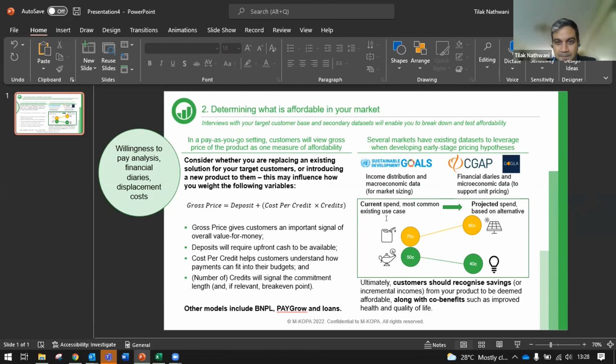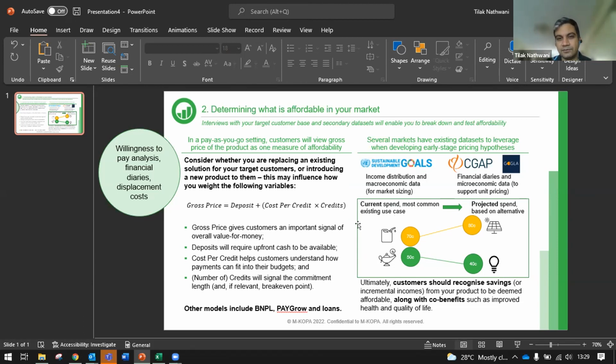M-KOPA is known for its pay-as-you-go lighting, essentially displacing kerosene or oil-based lanterns. A customer might say, I normally spend 50 cents a day, but a payment plan for a solar home system might be 40. So immediately there are savings that customers are recognizing.